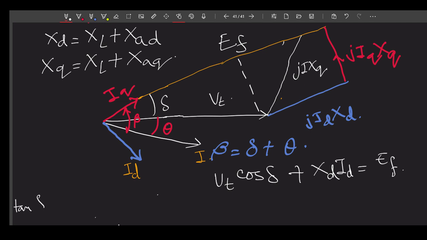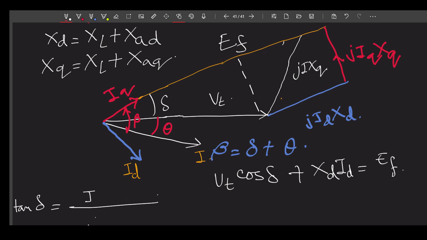Tan delta is equal to Iq Xq plus, we can write it in this way also.